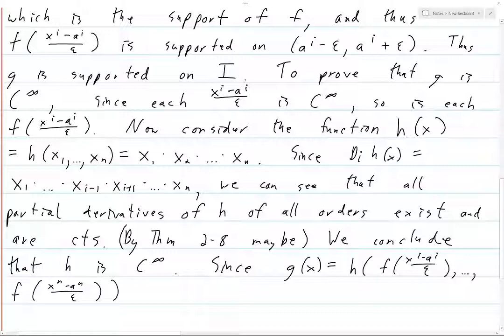So g can be written in this form because all we're doing is taking these (x_i minus a_i) over epsilon. Okay, this should be 1. Because you go from (x_1 minus a_1) over epsilon all the way up to (x_n minus a_n) over epsilon, going over the integers from 1 to n. So you just take these things and multiply them together. What you're really doing is you can think of these as being different coordinates being fed into the function h.